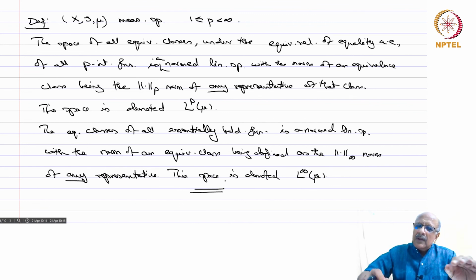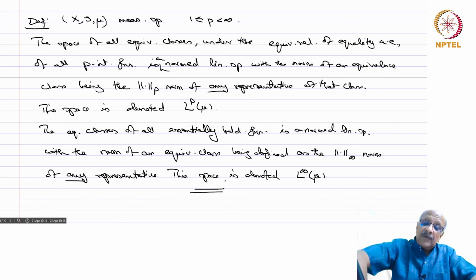Therefore we will remember that we are talking of equivalence classes, but we will not make a fuss. We will just say function in L^p. It means a function which is an equivalence class of a p integrable function or essentially bounded function. So this is the notion. Okay, so now that we have defined the L^p spaces, next time we will take up some of its properties.